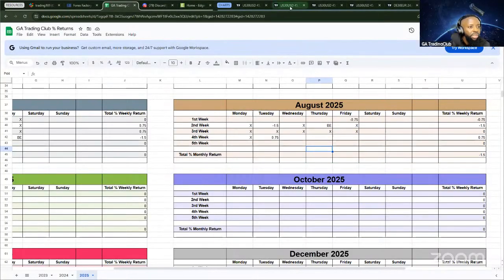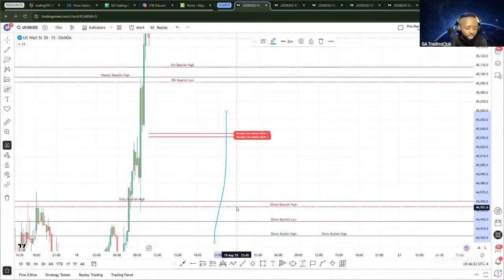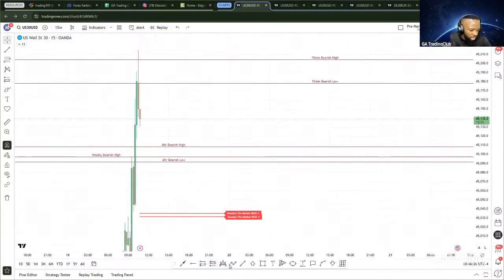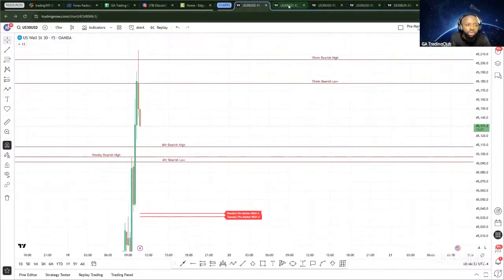Since we're literally near the all-time high, I think the market is going to range a little bit before it builds liquidity to either go back all the way up or come back down from here.